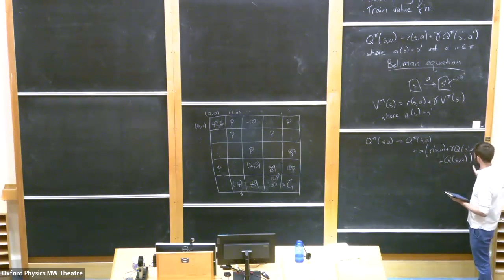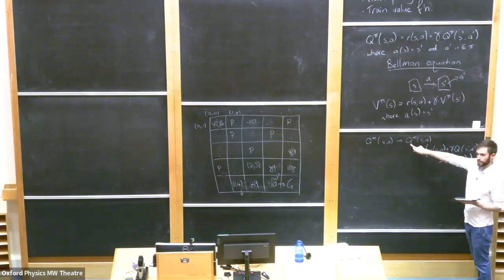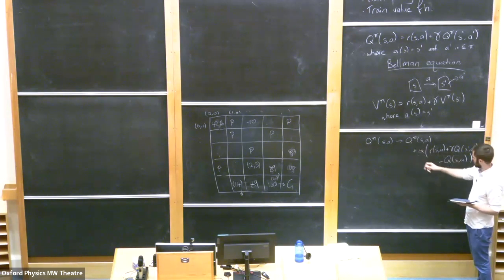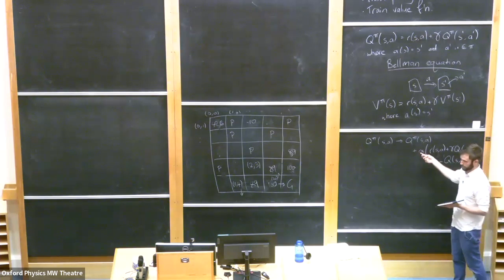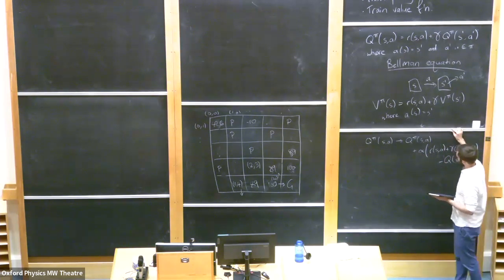This would be zero if your Q for this state and action were correct, and if this other Q were correct as well. If it's not, then you'll create some small update. The alpha might be like 0.1 or something. When we do an example in a second, I think it's 0.2 or something like that.